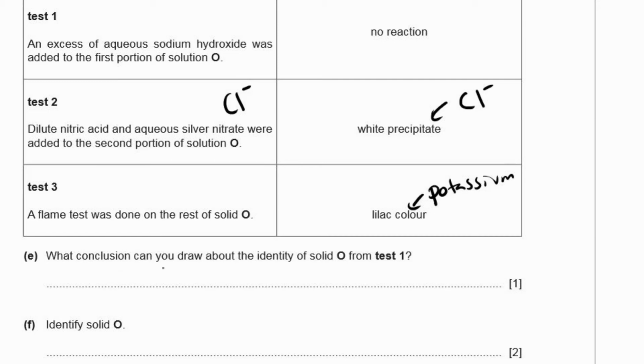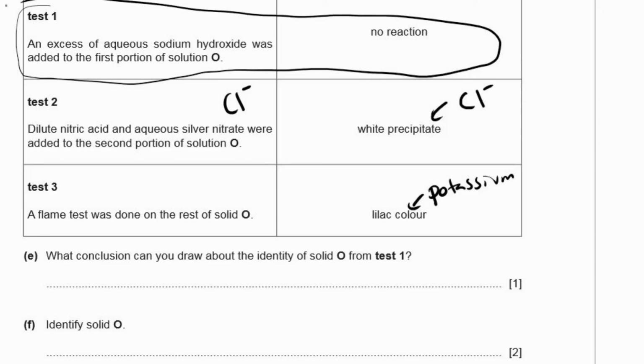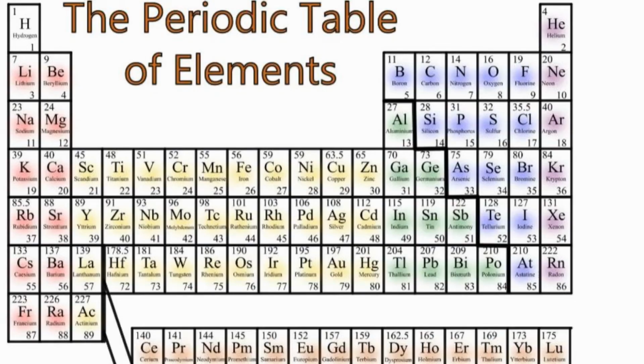E. What conclusion can you draw about the identity of solid O from test 1? Now this one's kind of tricky. Normally you just learn what the tests are. Now you have to try and remember what the tests aren't. All right, so the ions that you should know pretty much include things like calcium, copper, iron, zinc.